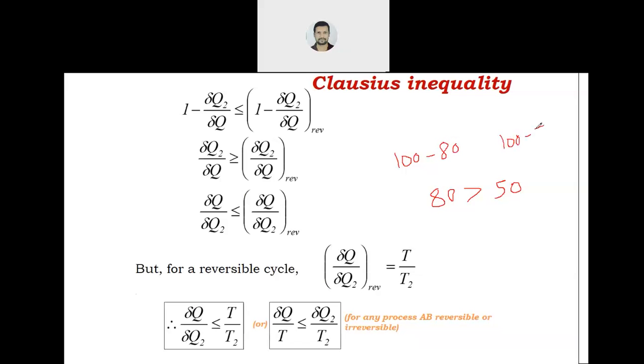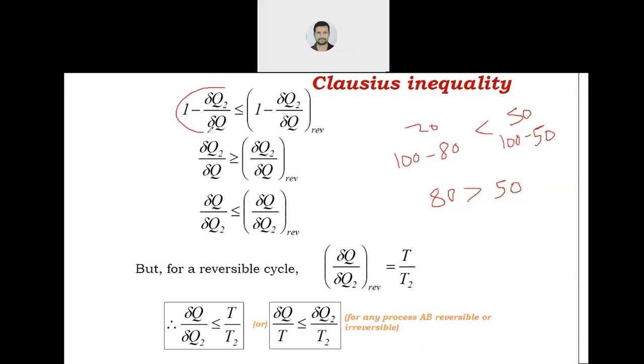Now 100 minus 80 gives 20 and 100 minus 50 gives 50. Now which is greater? 100 minus 50 is greater. If we talk individually about 80 and 50, then 80 is greater. But when we are subtracting from some higher quantity, then the things are just reversed.